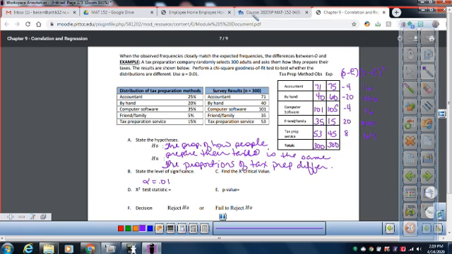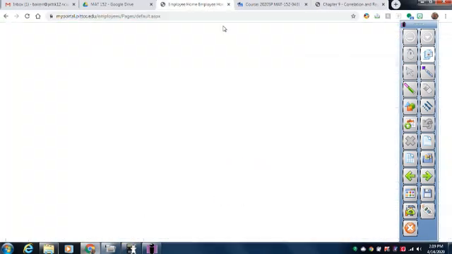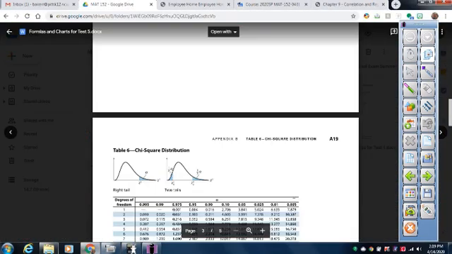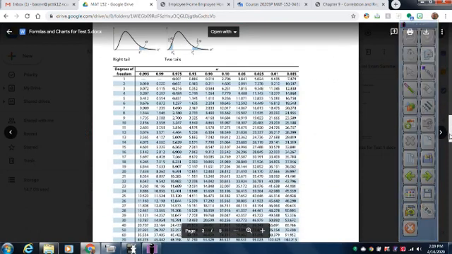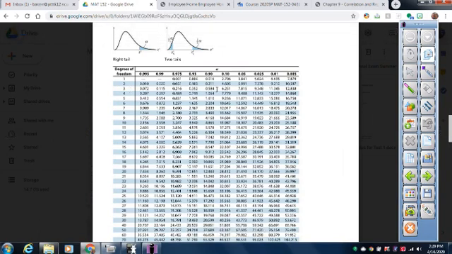I'm going to go to my chi-squared table, and I have 1, 2, 3, 4. So my degrees of freedom is going to be 4 minus 1, which is 3. And my critical value is chi-squared greater than, so degrees of freedom is 3, and my alpha level is 0.01, so 11.345.